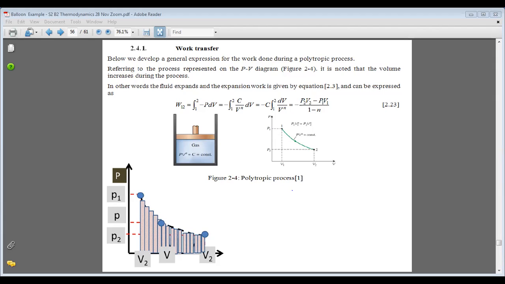Gamma is a bigger value. Gamma is more than 1.